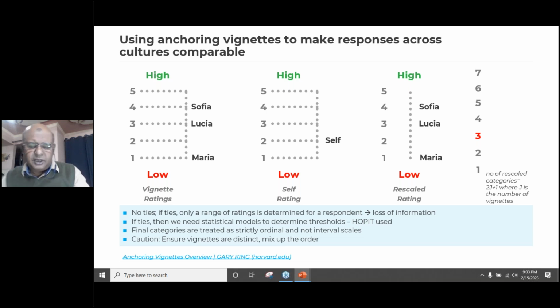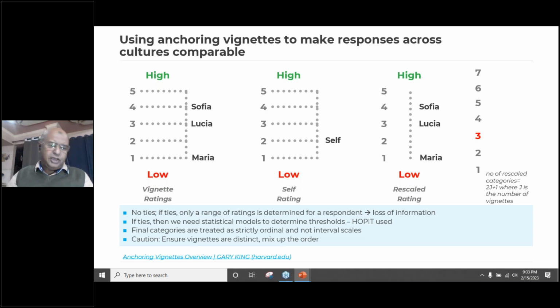Hierarchical ordered probit has been used, and there are specific packages in R, for example, that help us do this well. And in those instances where there are ties, we just need one anchoring vignette.